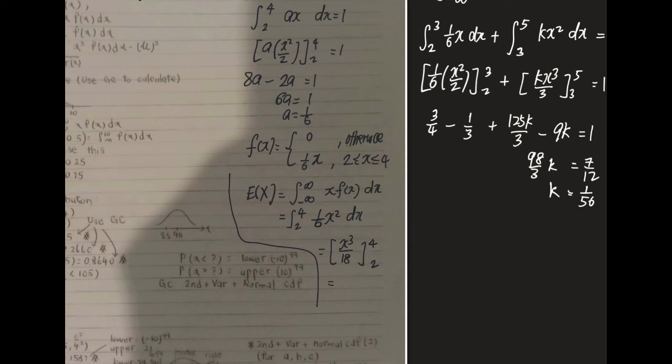So you see, if I count it, I can easily get greater than 1. So I have 4 cubed over 18 minus 2 cubed over 18. So I get 3.11 as the mean. So we can easily get the mean to be greater than 1. Okay, which is normal.